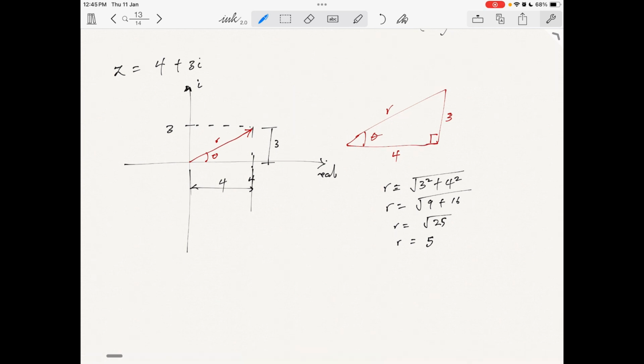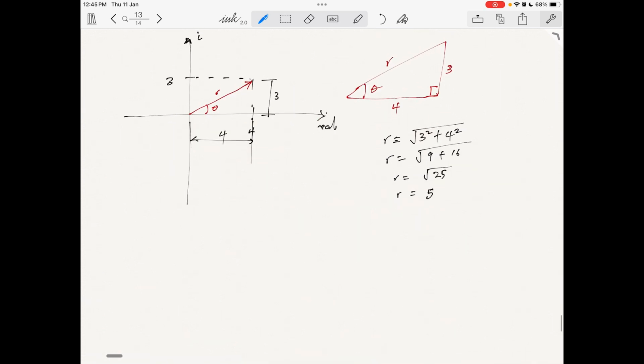And in this case, our theta, now we can see that the side facing angle theta is always called the opposite. So 3 is the opposite, and the other side is called the adjacent. Since tan theta is opposite over adjacent, the opposite is 3 and the adjacent is 4. So tan theta is equal to 3 over 4.